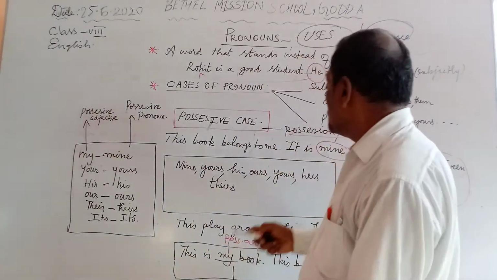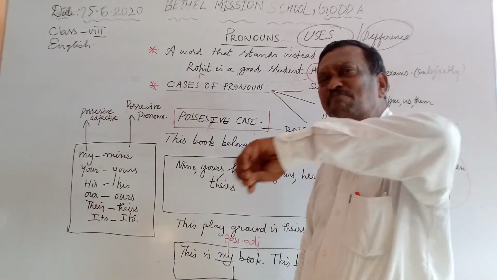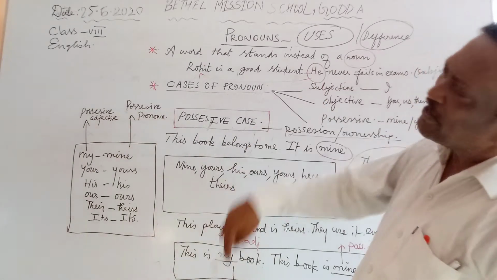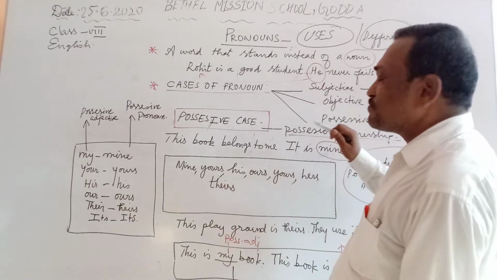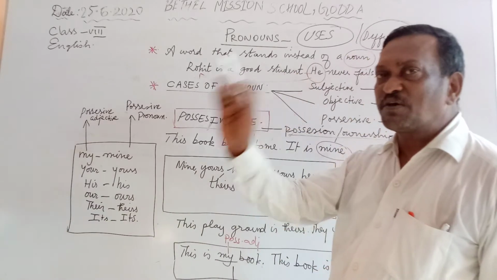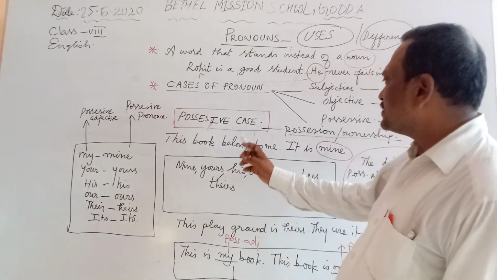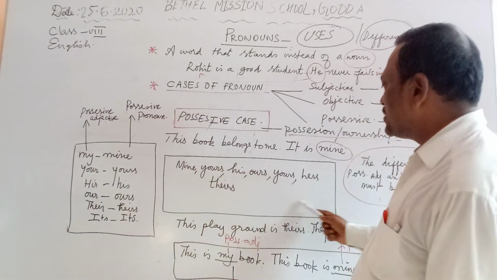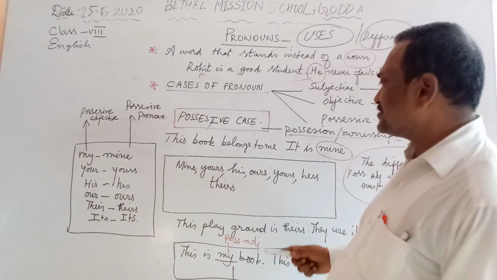Since it shows an ownership, or since it talks about possession, or it talks about having something, this is used as a possessive pronoun. Therefore, the case of the pronoun is possessive. Now we look at these words, keep them in mind. If you have your books, you can go through the books as well after the session.